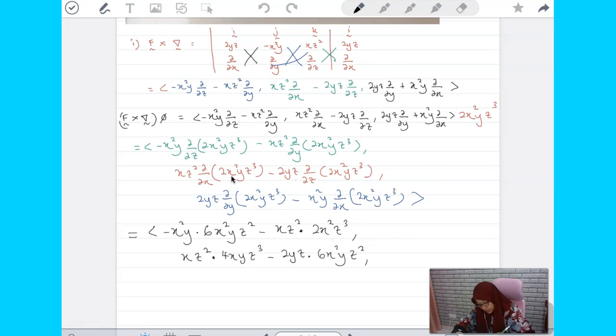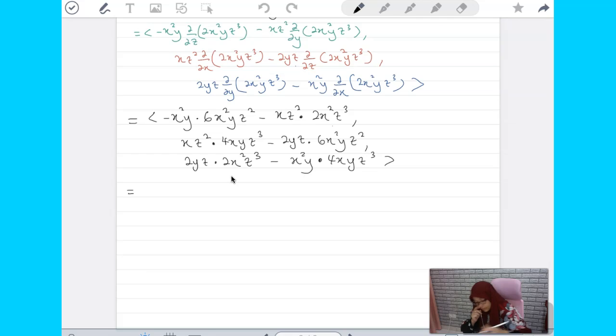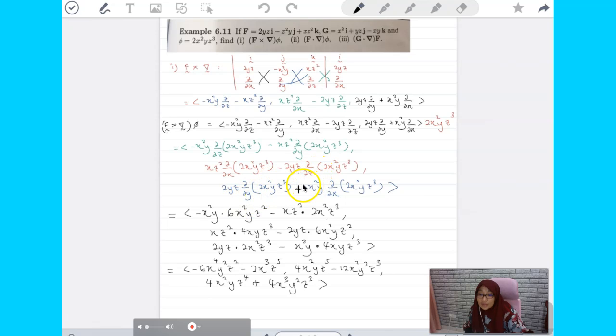Okay, and the third one, 2yz 2x squared z cubed minus x squared y 4x y z cubed. So it looks like we need to simplify the form. Okay, so I found a mistake here. So this one is supposed to be positive, because negative, and the answer becomes positive. And then when you simplify, this is your result.